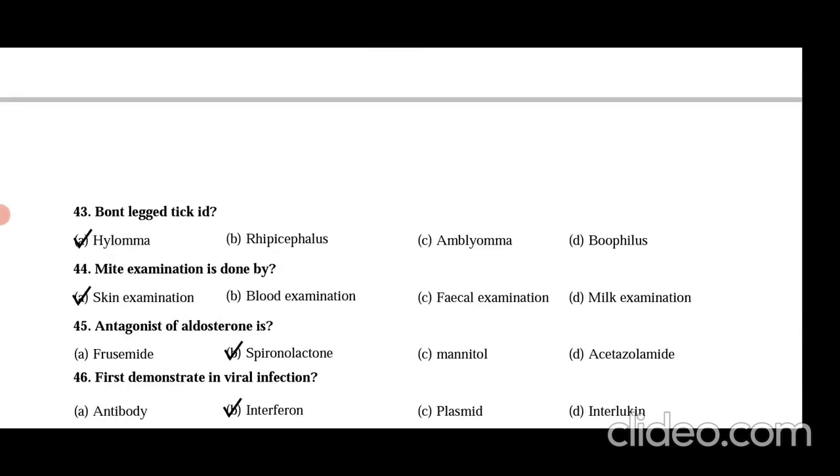Bone-legged tick identification is of Hyalomma. Mite examination is done by skin examination. Skin scraping processing will lead us to identify the mite if it is present in the animal.